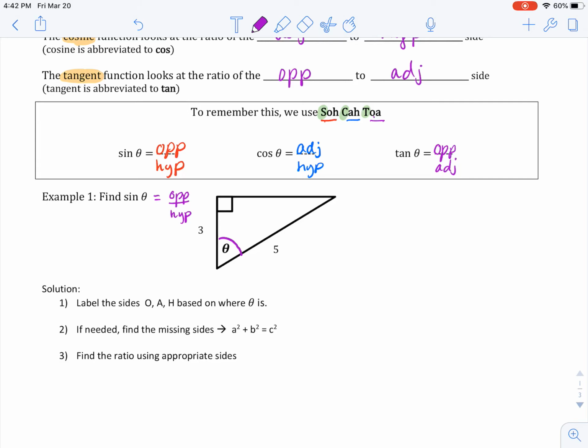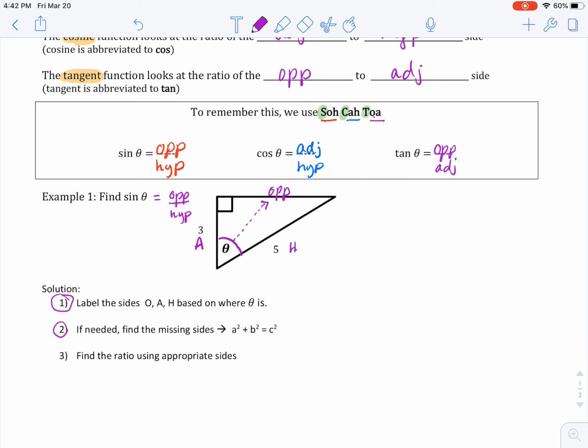Looking at my triangle though, I don't have the opposite side over here. So I'm going to need to find that. I do have the adjacent side and I do have the hypotenuse. So I've labeled those opposite, adjacent, and hypotenuse.